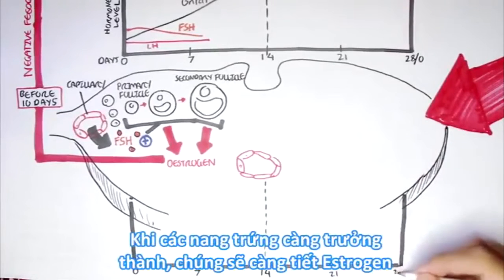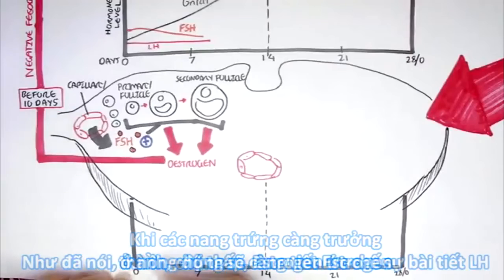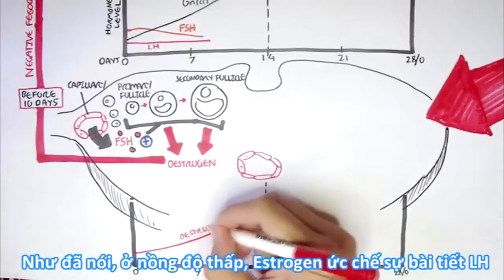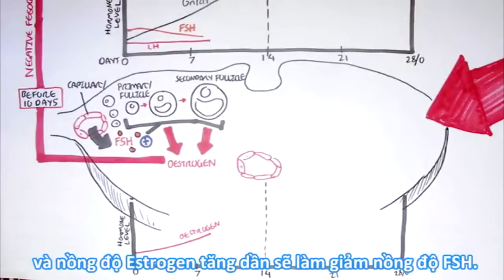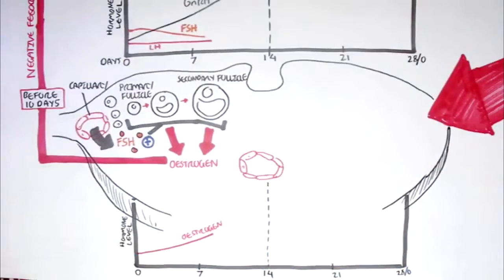So as the follicle matures, it will produce more estrogen, which, as I mentioned, at low concentrations will inhibit the secretion of luteinizing hormone, and the increase in estrogen concentration will also cause a decrease in follicle-stimulating hormone secretion.